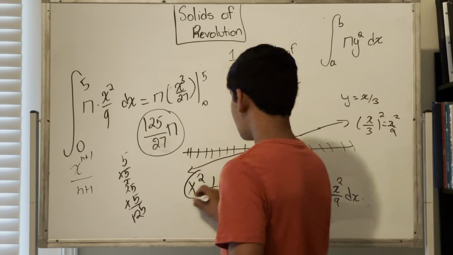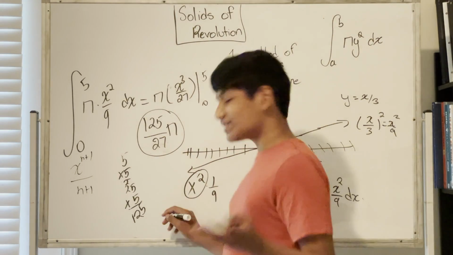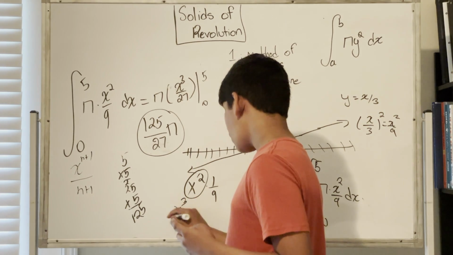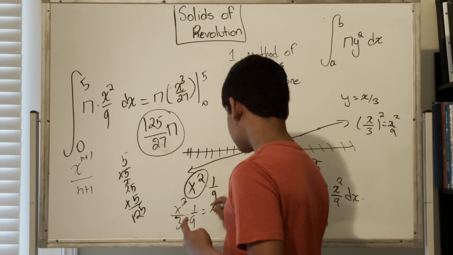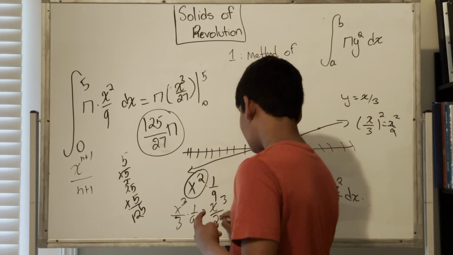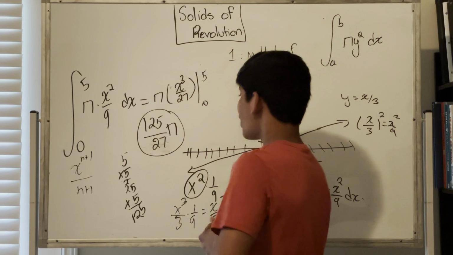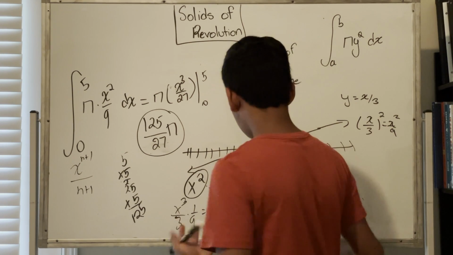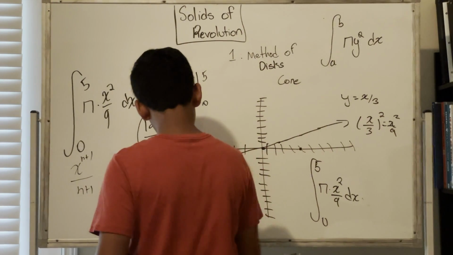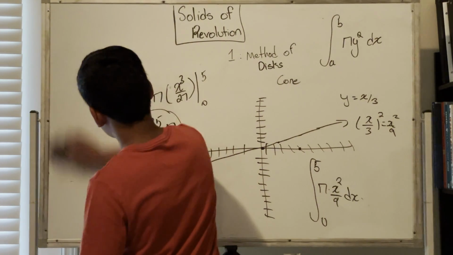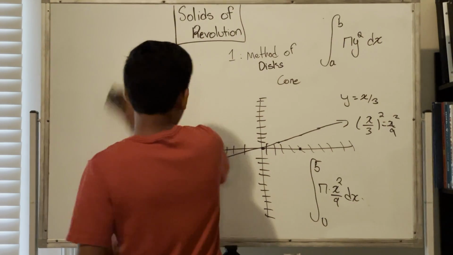And if we evaluate this, thinking of this as the coefficient, which it is, we're going to have x cubed over 3 times 1 over 9, which will just result in x cubed over 27. And we plugged in the 5, and therefore we get 125 over 27 pi as our volume. So that's how we essentially use the method of disks to our advantage for solids of revolution.